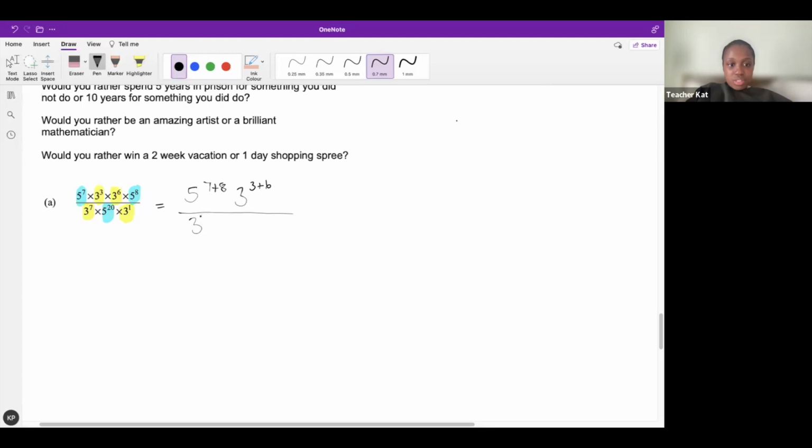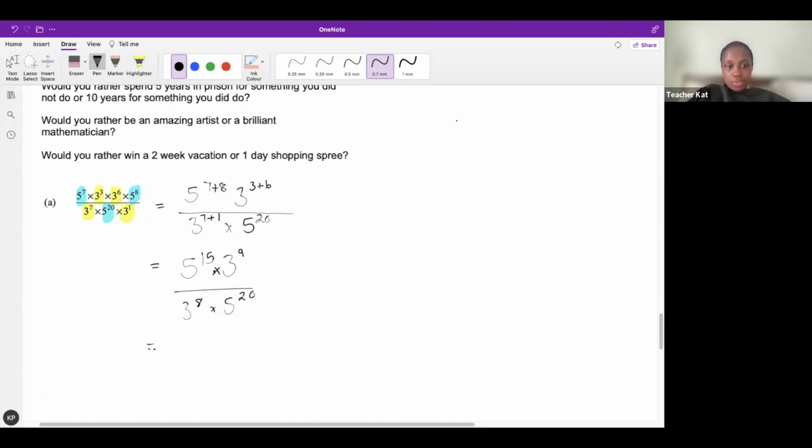So it's going to be 3 to the power of 7 plus 1 times 5 to the power of 20 because it's on its own. Now, what's 7 plus 8? It's going to be 5 to the power of 15 times 3 to the power of 9 over 3 to the power of 8 times 5 to the power of 20.